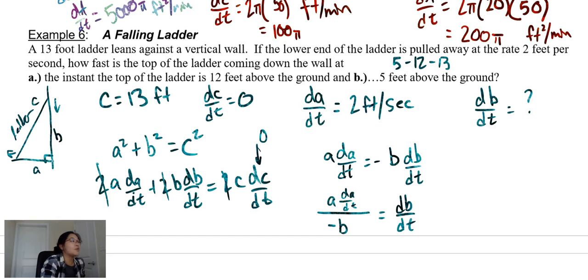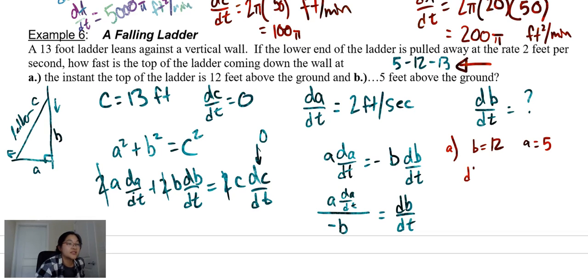So for part A, what do we get? For part A, we're working with the top of the ladder at 12 feet, so b is 12, and a equals 5 because we're working with a 5, 12, 13 triangle.